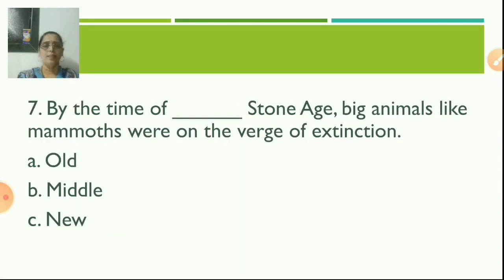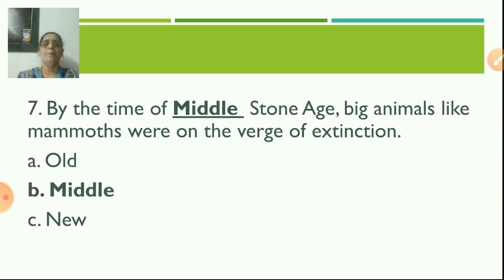Okay. Next, seventh, by the time of dash Stone Age, big animals like mammoths were on the verge of extinction. And the options are A. Old, B. Middle, C. New. Your answer is B. Middle. By the time of Middle Stone Age, big animals like mammoths were on the verge of extinction.